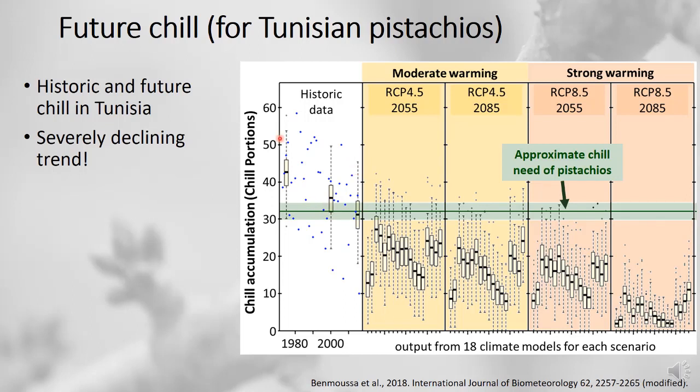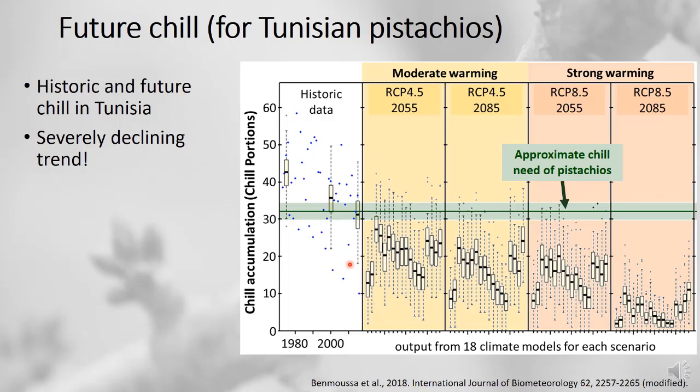So based on the historic record alone, an orchard manager growing pistachios here would have had a 90% chance or so in 1975 of meeting the chilling requirements of his pistachios. Today, we're at approximately a 50-50 chance of not having enough chill. And this can have very serious implications for crop yields.